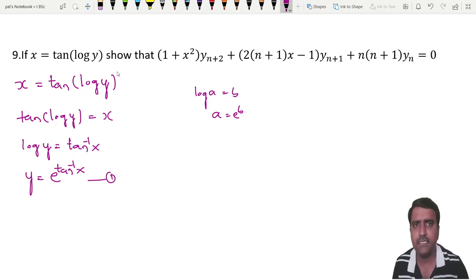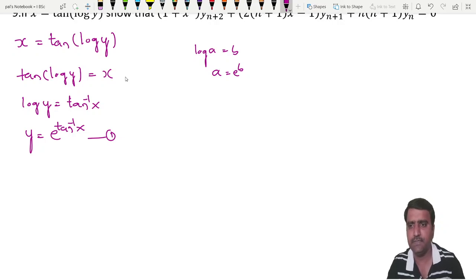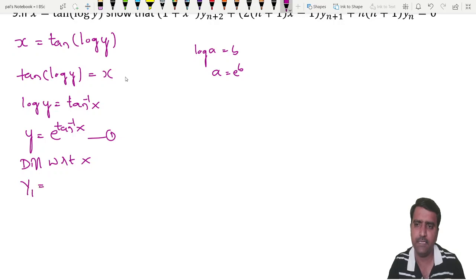Now differentiate equation 1 with respect to x. Differentiation of y gives y1. y1 is equal to the differentiation of e to the power tan inverse of x, which is e to the power tan inverse of x, again the differentiation of the power tan inverse of x is 1 by 1 plus x square.